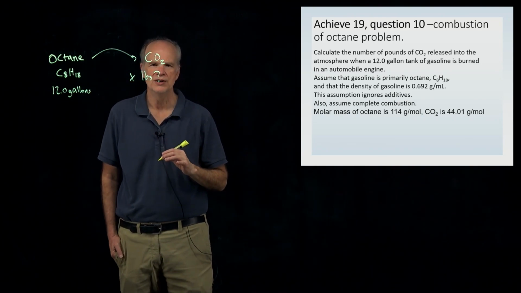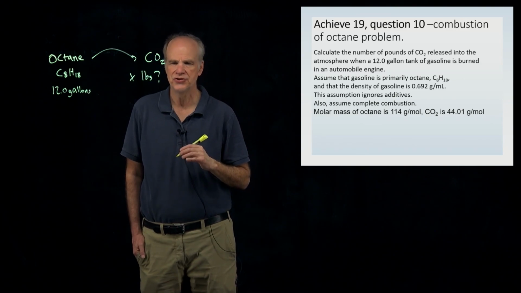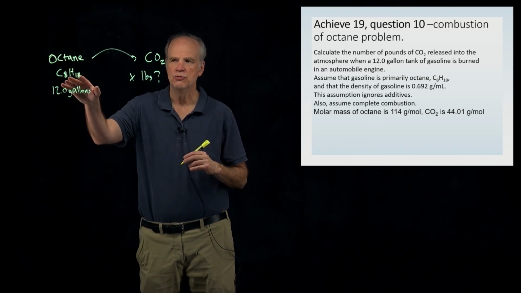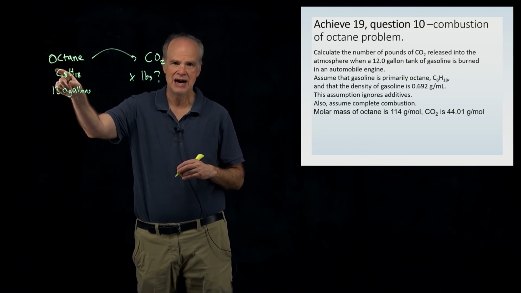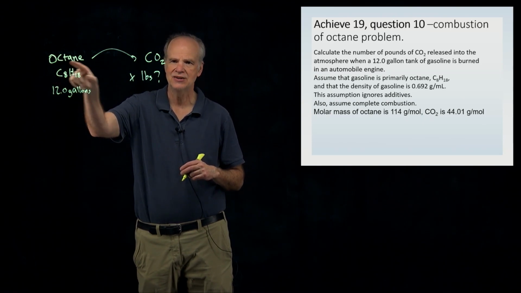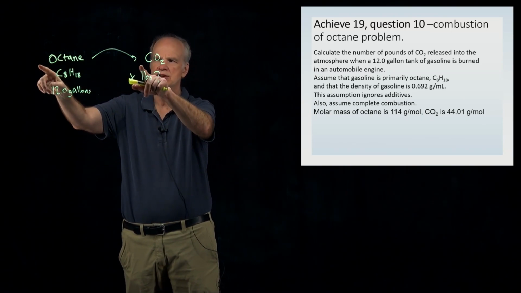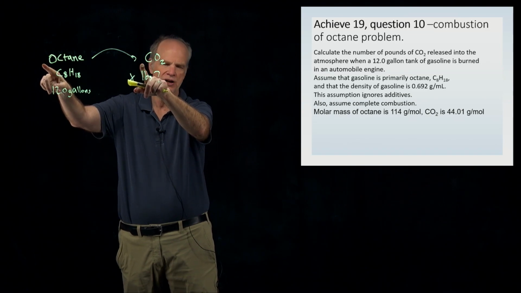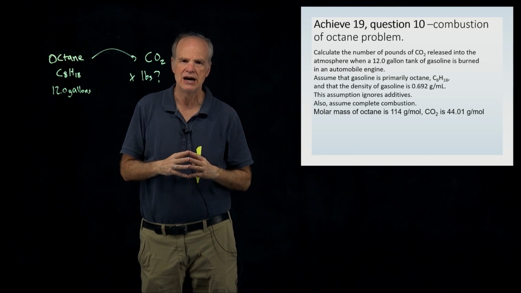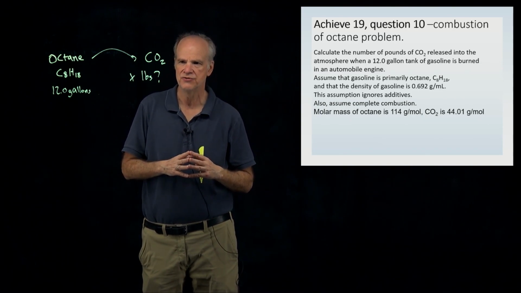To get started, we need to know what the stoichiometry is between octane and carbon dioxide. In other words, we need to know what the coefficients are in front of octane and in front of carbon dioxide. So in order to figure that out, you have to write a balanced equation for this reaction.